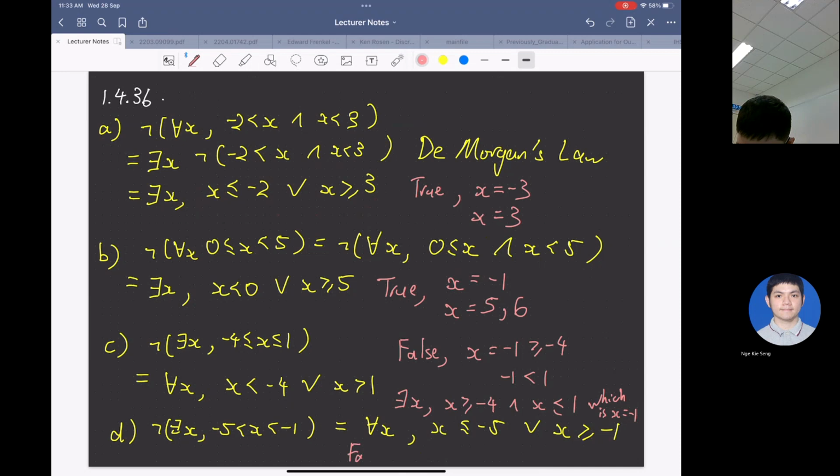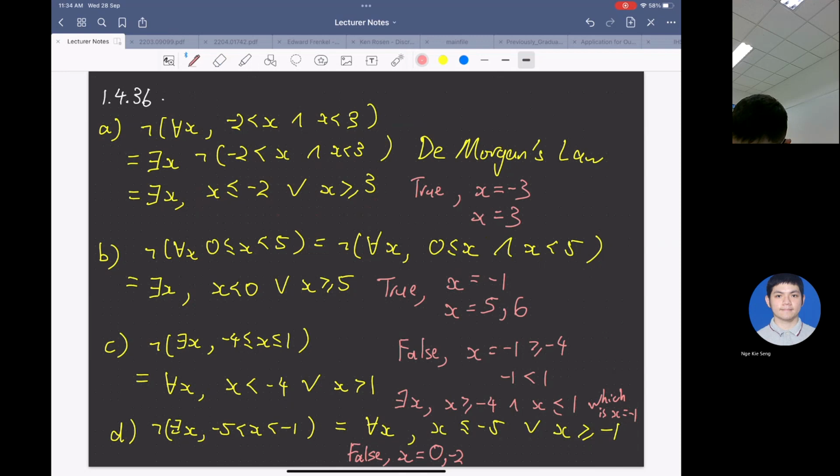False. Why? Take x equal to 0. Let me try 0 first. 0 is greater than -5, but 0 is not less than -1, so 0 doesn't work.